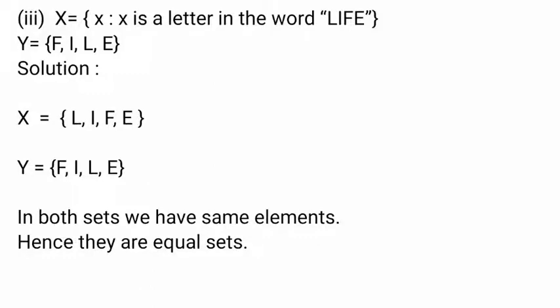Third one: X is the set of letters in the word LIFE, Y equals the set of letters in FILE. Solution: we write set X equals L, I, F, E, and Y is given as F, I, L, E. We have n(X) equals 4 and n(Y) also equals 4, and the elements are the same.